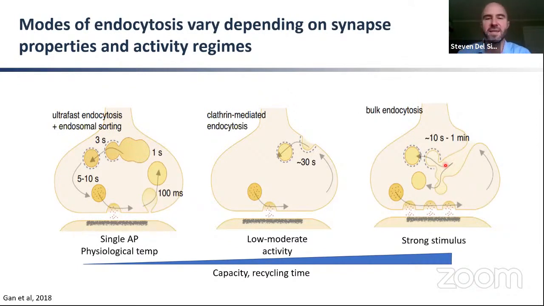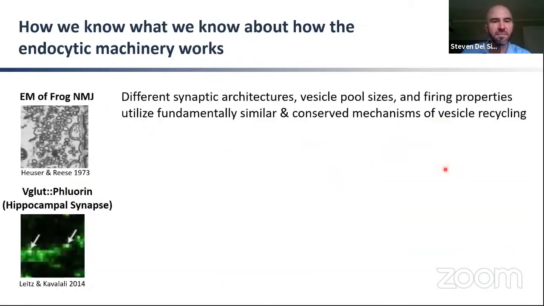And so the key idea here is simply that endocytosis at synapses is very adaptable, both with regard to its scale and also its speed and latency.